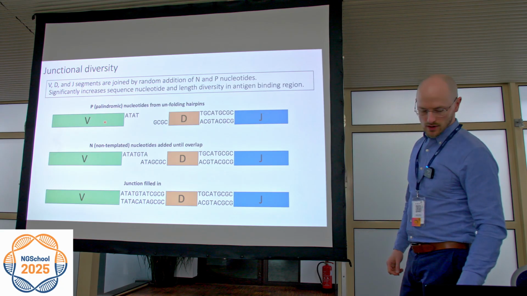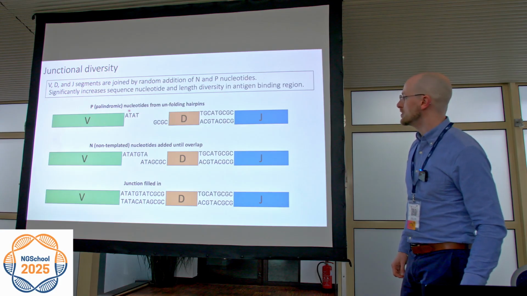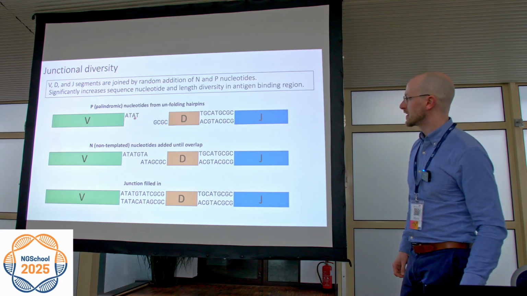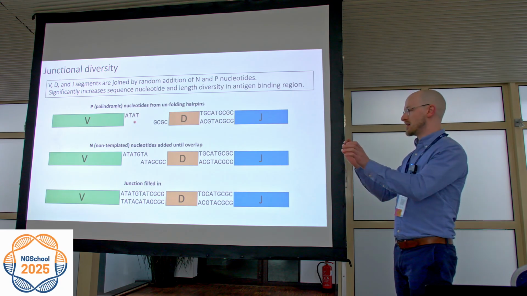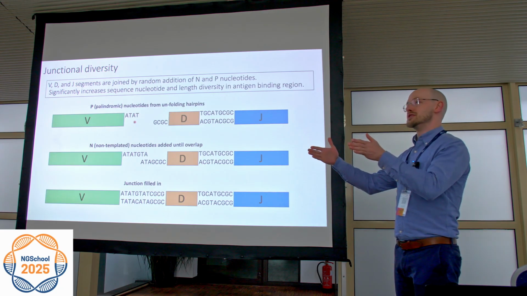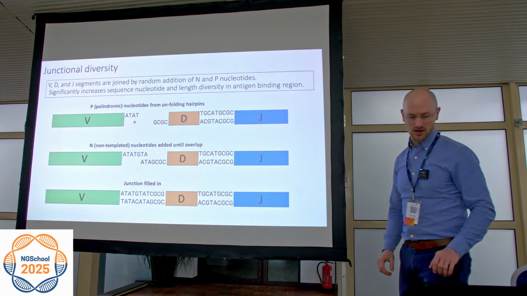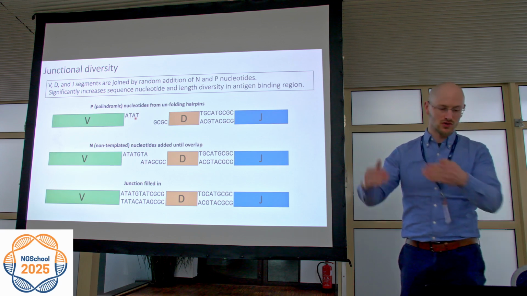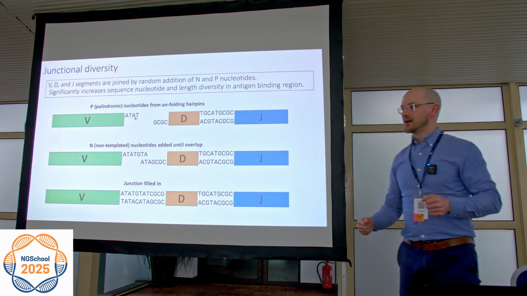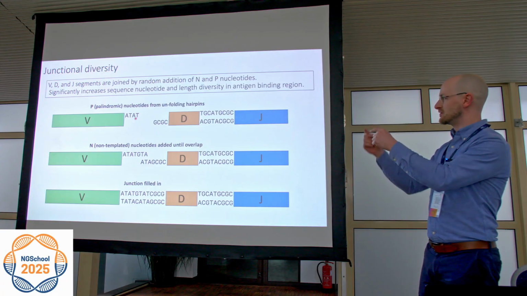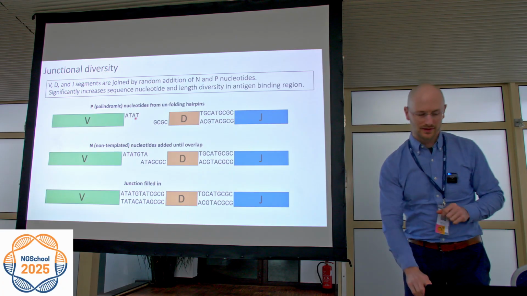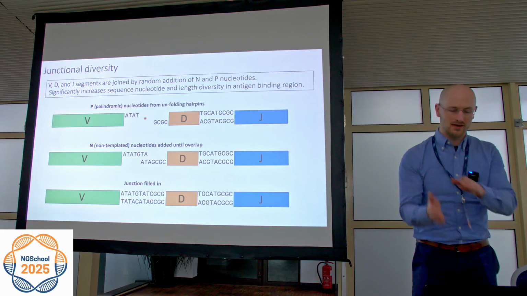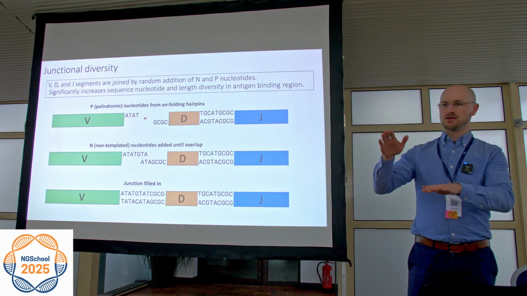So it starts off with what are called P or palindromic nucleotides. This is because they are the same going forwards as backwards. So they're caused by some nucleotides occurring and then attached to their reverse complement. This is because they're initially formed by hairpin loops that open up and then have these ragged edges.